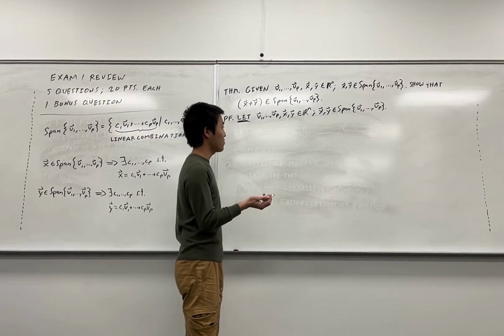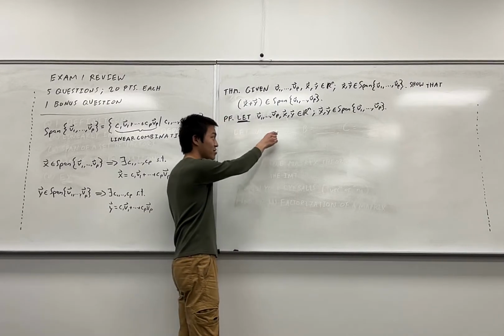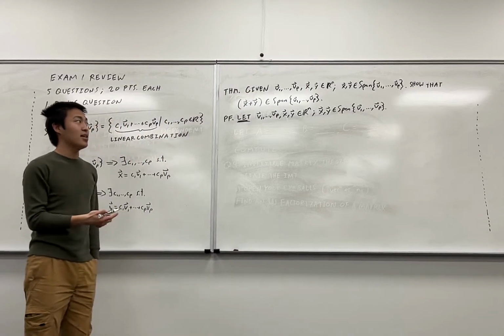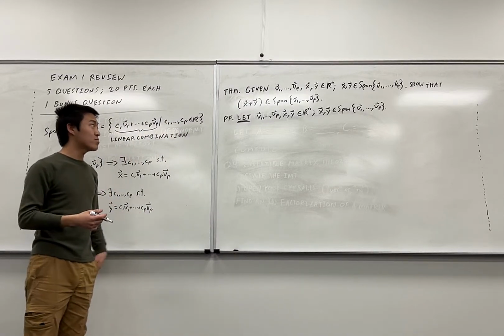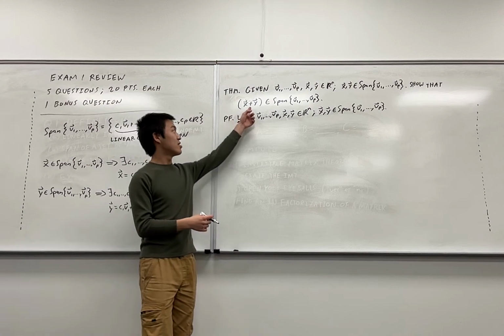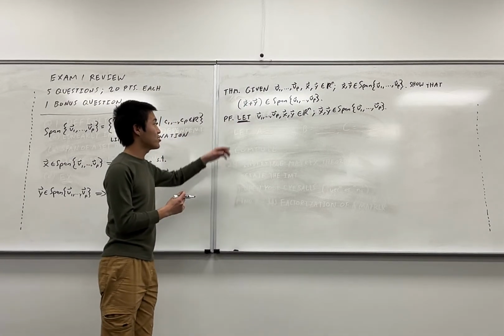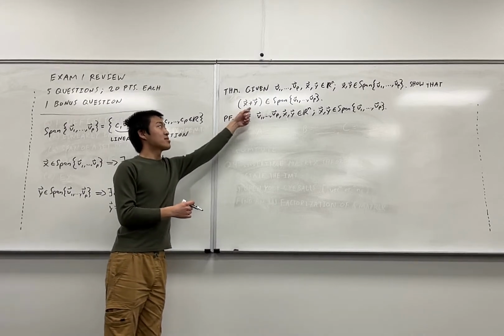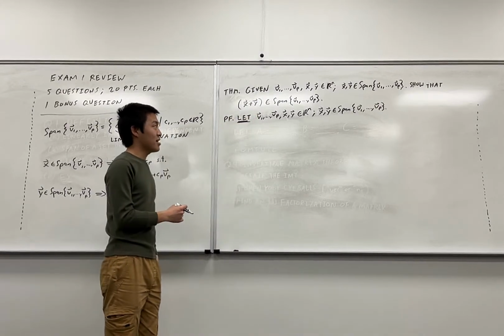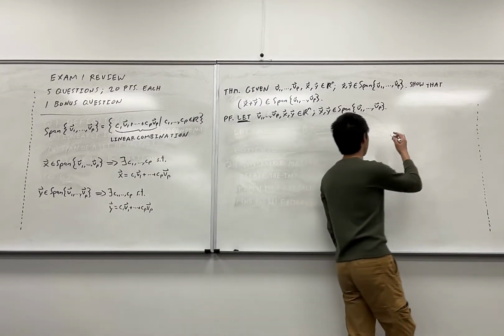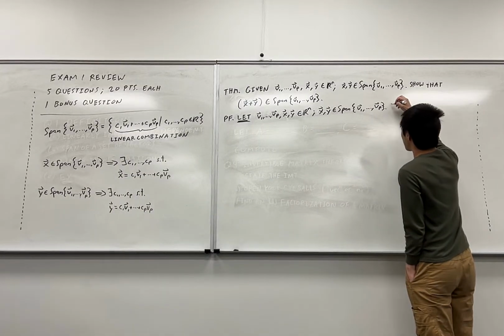Okay, so we have our ingredients. Now what's typically the thing that we do? I need to show this. I want to be able to show that this is in the span of v1 through vp. So let me articulate what I want to show. So what's my task?